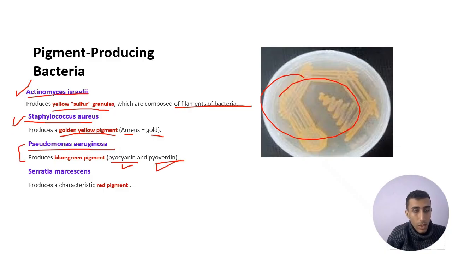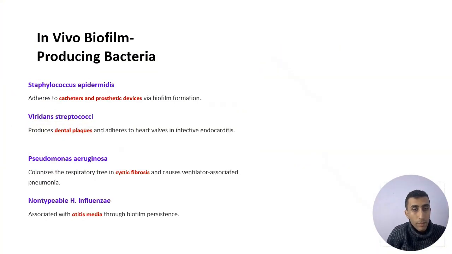And Serratia marcescens is associated with the production of a characteristic red pigment. So red pigment with Serratia marcescens, blue-green pigment, pyocyanin and pyoverdin, with Pseudomonas aeruginosa, golden yellow pigment with Staph aureus, and yellow sulfur granules with Actinomyces israelii.